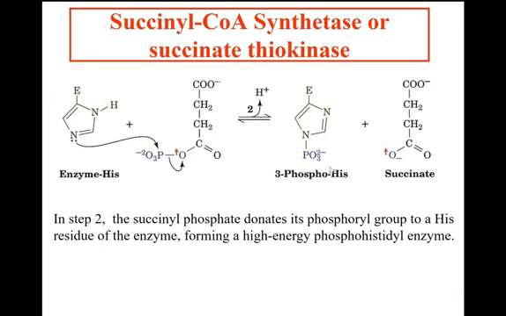From there, in step two, the succinyl phosphate donates its phosphoryl group to a histidine residue of the enzyme, forming a high energy phosphohistidine enzyme, which is shown right here. And now you have that free succinate as the final product for this step of the citric acid cycle.